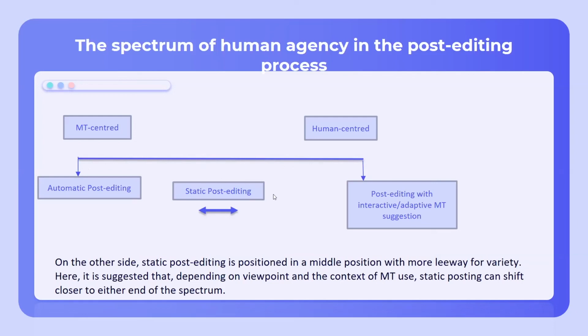So it is positioned between, with more leeway for variety, which means depending on viewpoint and the context of MT use, static post-editing can shift closer to either end of the spectrum. It could be more like MT-centered, or it could be more like human-centered.